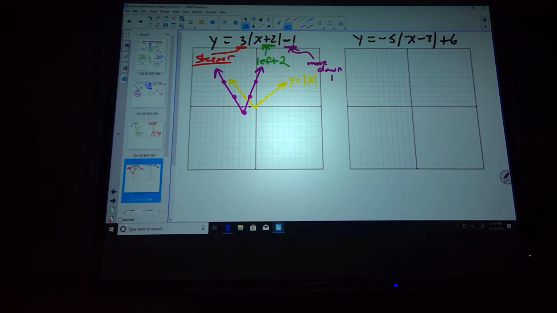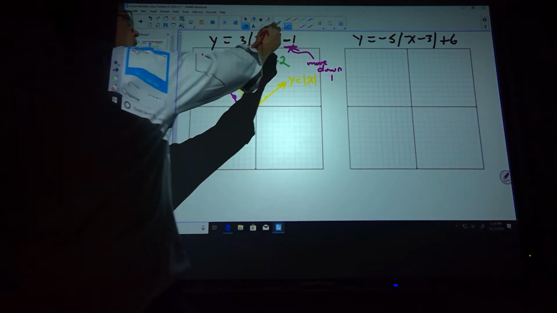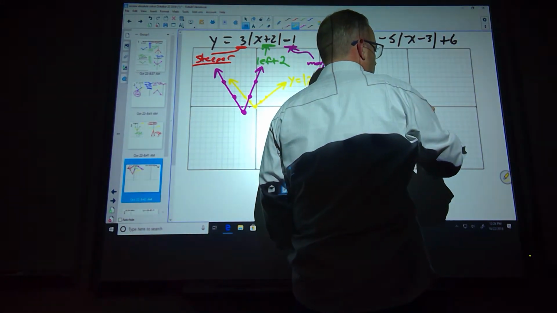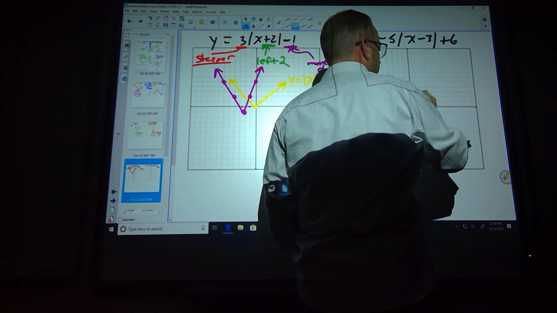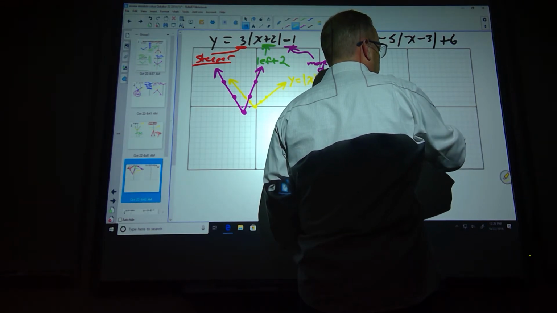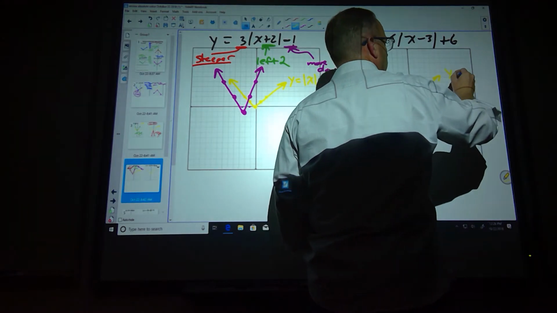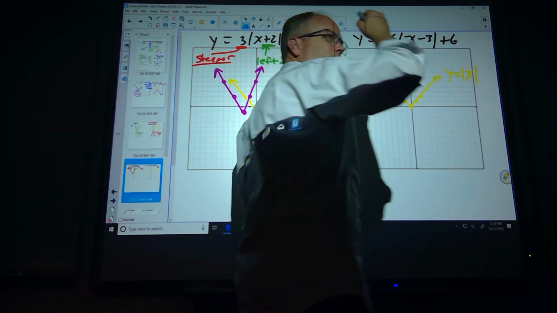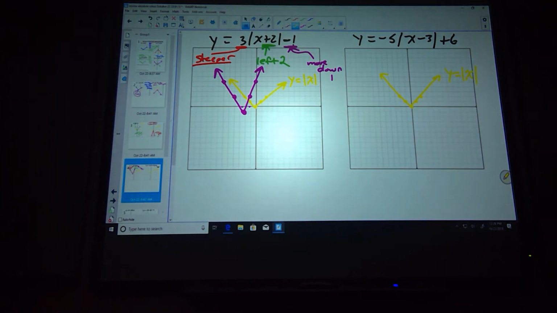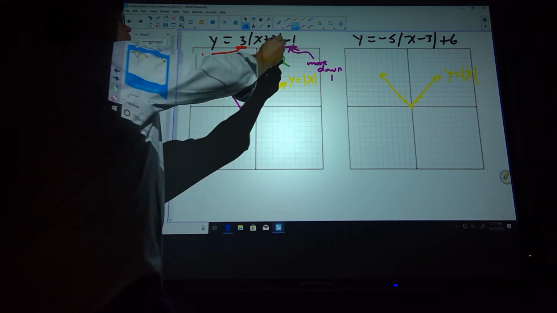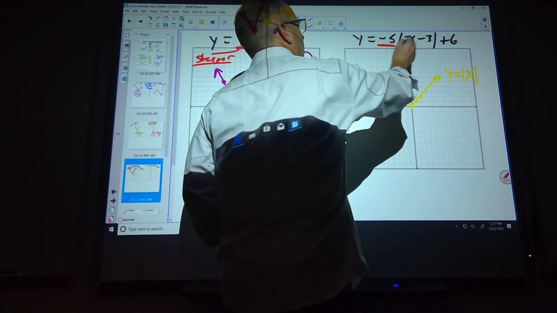All right. This last one I have y equals -5 times the absolute value of x minus 3, plus 6. Is that okay? So let's put my absolute value graph up here. What will this -5 do?